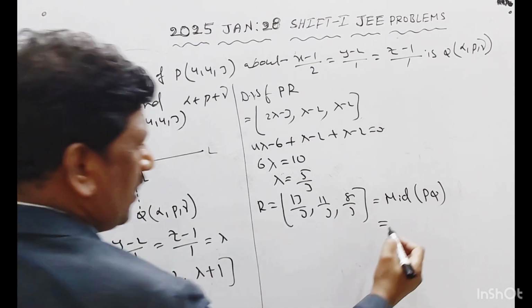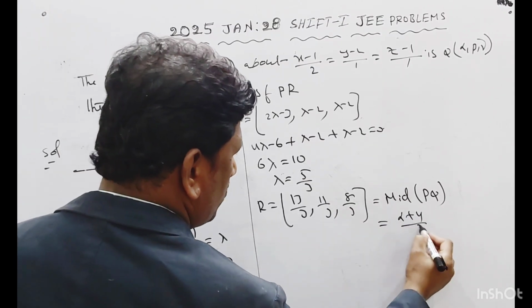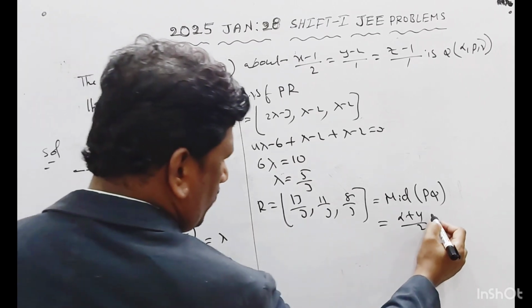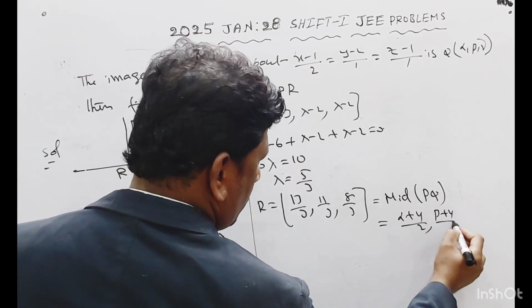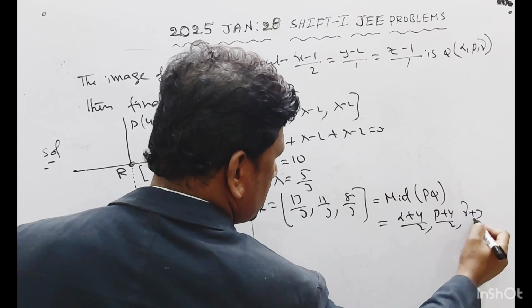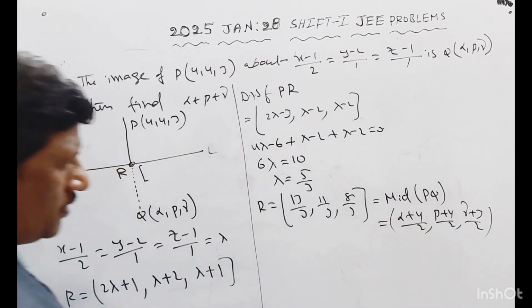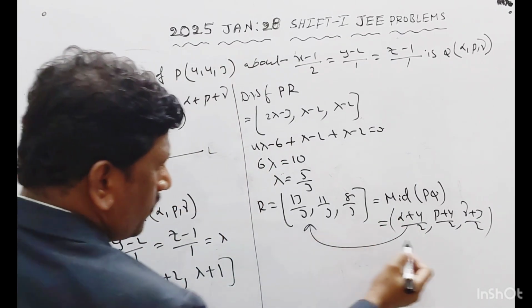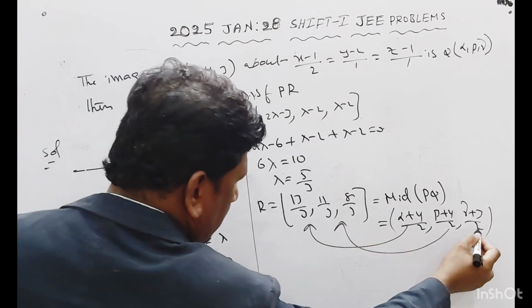That means alpha plus 4 by 2, comma, beta plus 4 by 2, comma, gamma plus 3 by 2, the midpoint. Then equate these values here.